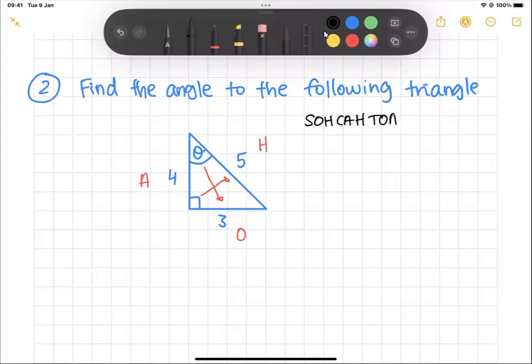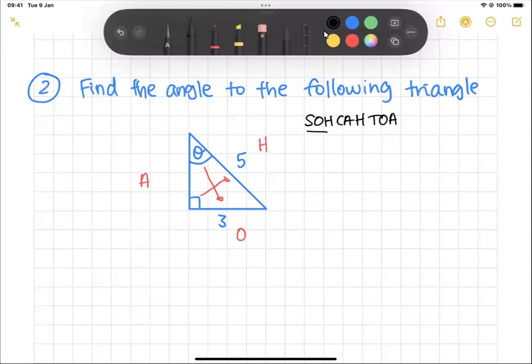Okay. I've done that. Now, how do I know which one to use? Whether I need to use sine theta, cos theta, or tan theta? In this case here, I've got a length to every single side of this triangle. So I can use whatever I would like. If I take away the length of the adjacent side and I've only got the lengths for the opposite and the hypotenuse, then of course I will only use sine, right?